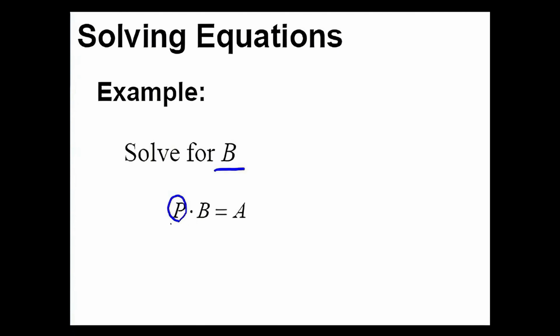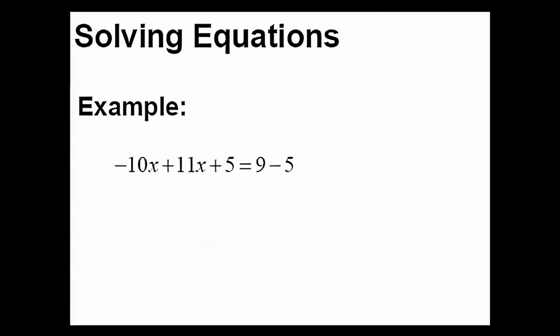So to get the p off, we need to divide by it. Do the same on both sides. On the left-hand side, it will cancel to leave us just b. And these are not alike on the right-hand side. There's nothing you can do. It's okay that it looks like a fraction. b is isolated. That was our goal because they ask us to solve for b.